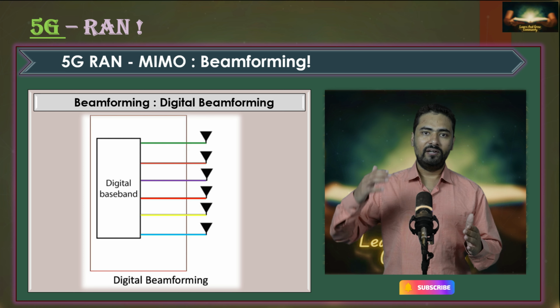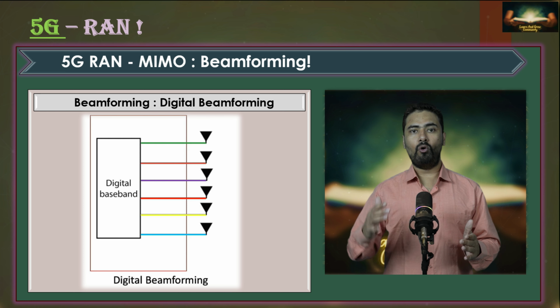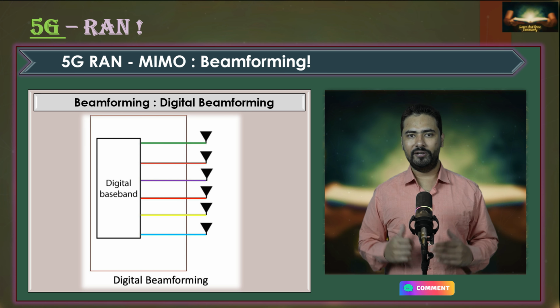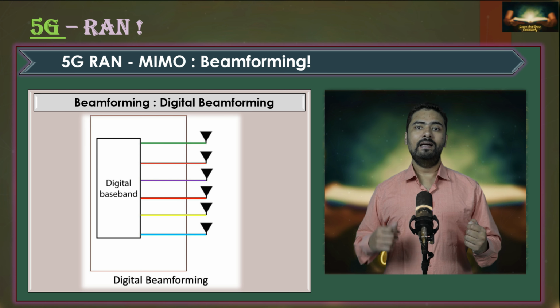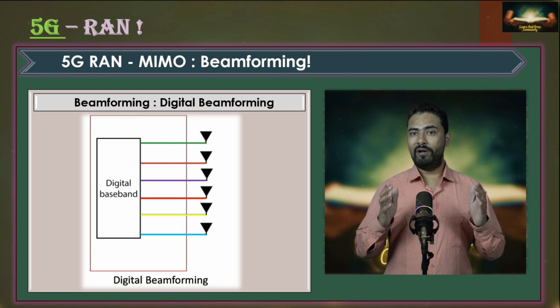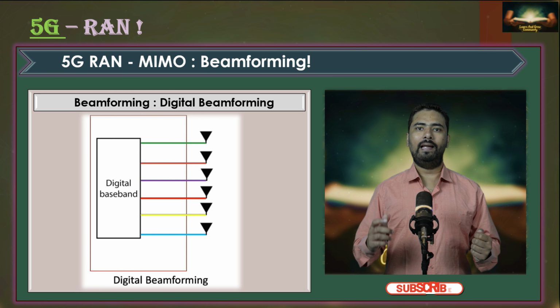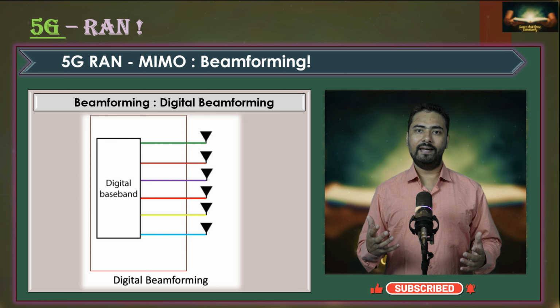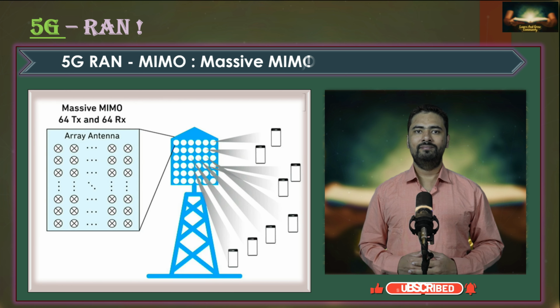As a result, different signals are transmitted from each antenna. These are represented by different colors in this picture here. And the third is hybrid beamforming, when both analog beamforming and digital beamforming are combined. This technique is referred to as hybrid beamforming.